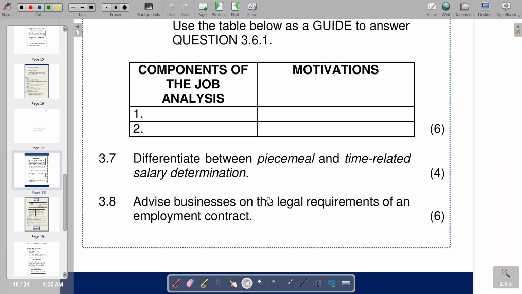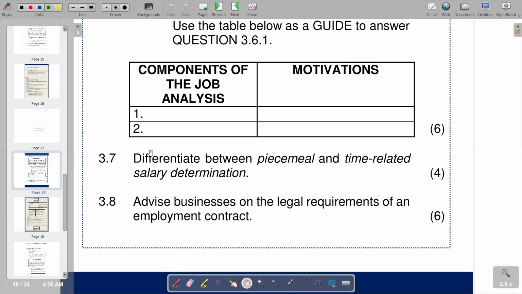Time-related salary determination is usually applied to those businesses where outputs are very difficult to measure or quantify, so they use time-related salary determination, whereby the period that you are at work determines your salary. This is not measured in total output. Time-related is measured on the time that you spend on the job. That is the explanation.